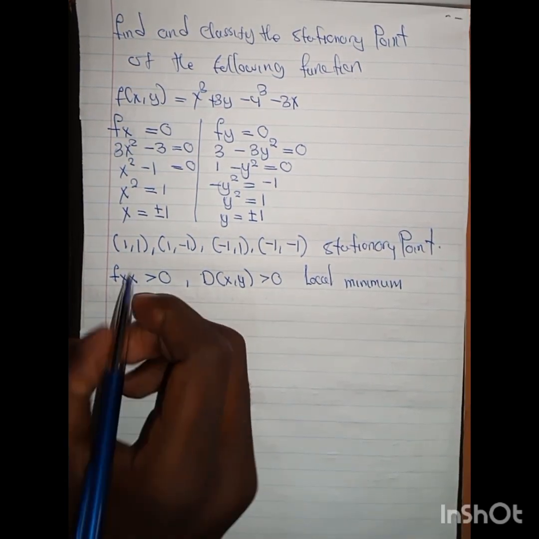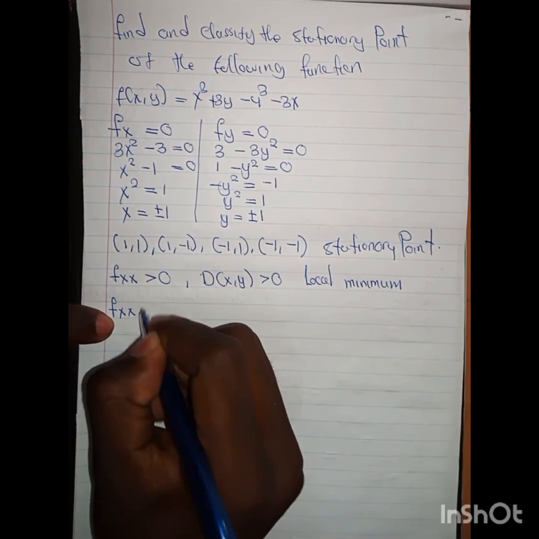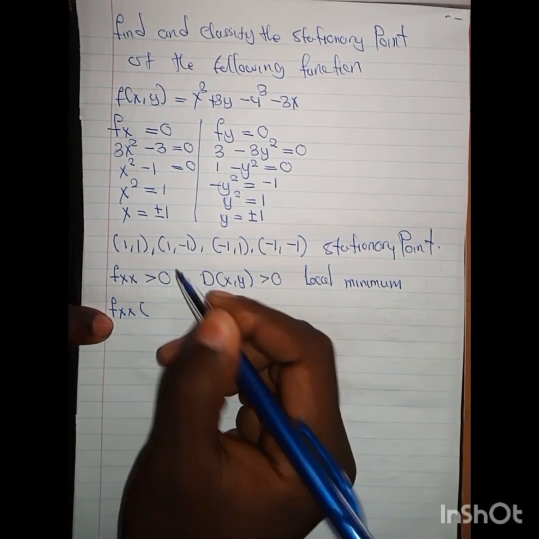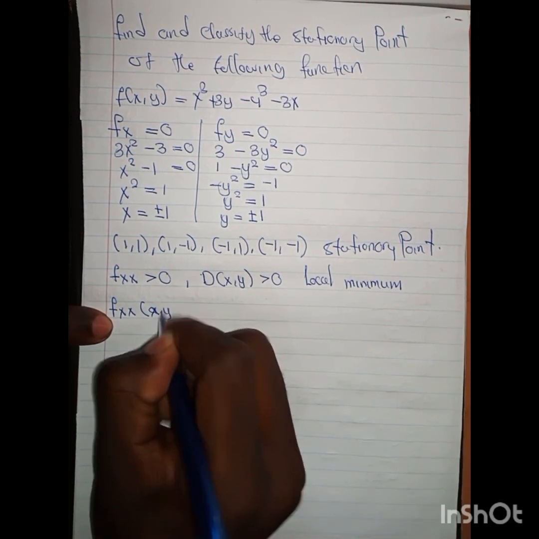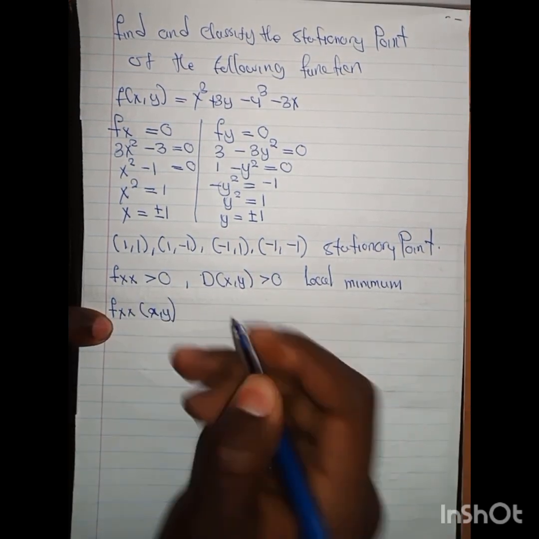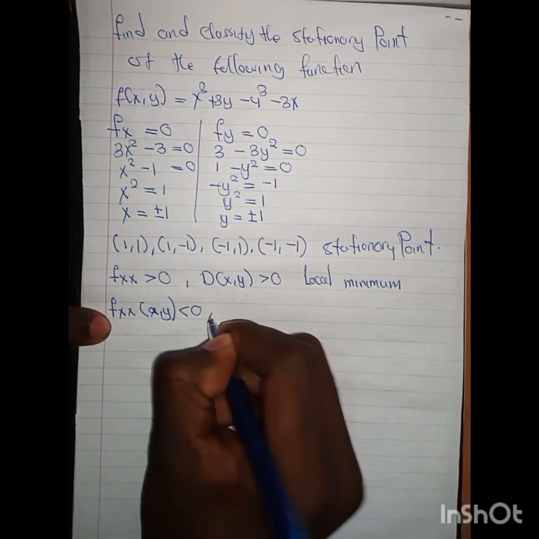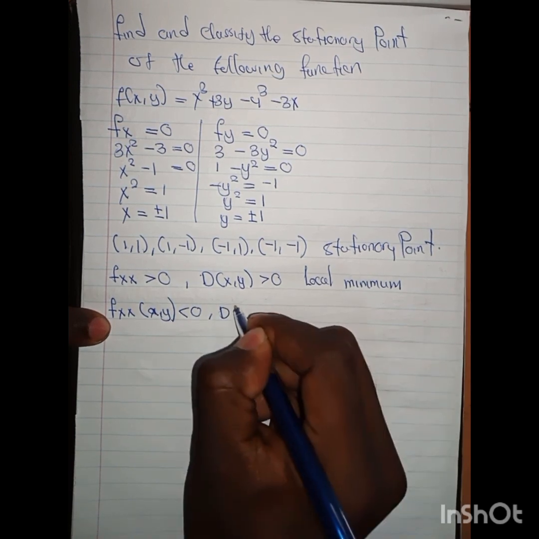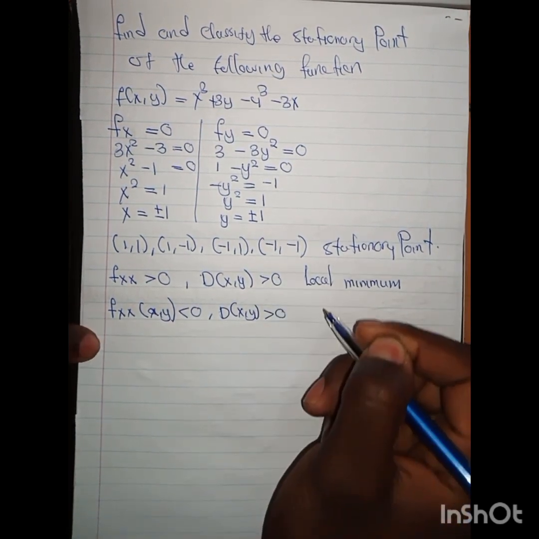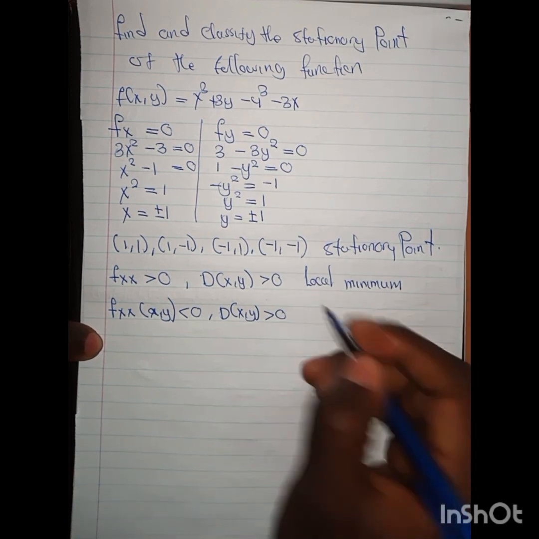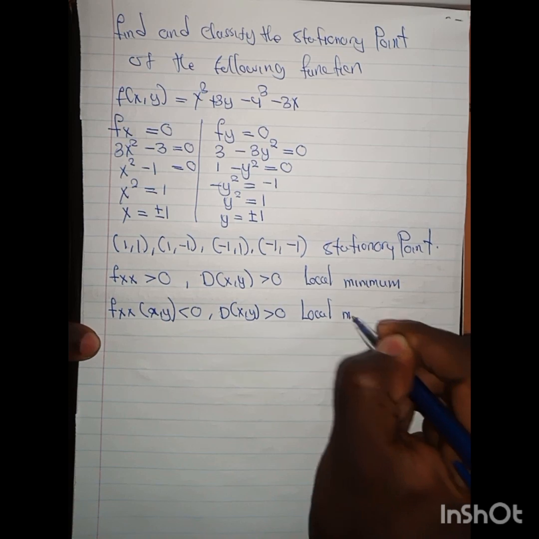Then if we find that f sub xx at the point a and b, or x and y, is less than 0, however D at x and y is still positive, then we call this point a local maximum.